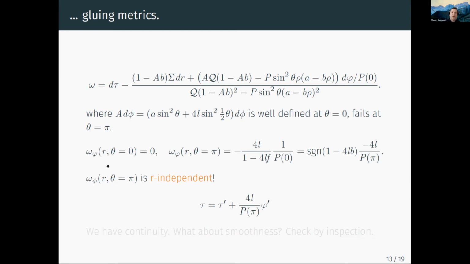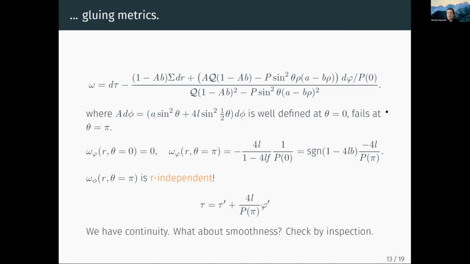So we look at the phi part of the connection one-form and discover that it's of course well defined at one of the poles, but has some constant value at the other. Because it's a constant, so it's R independent, we can read off the transformation for all of the spheres simultaneously and introduce the coordinate transformation which precisely removes this obstruction.